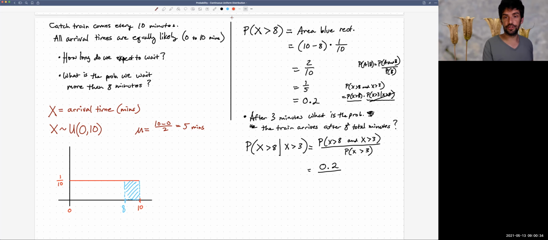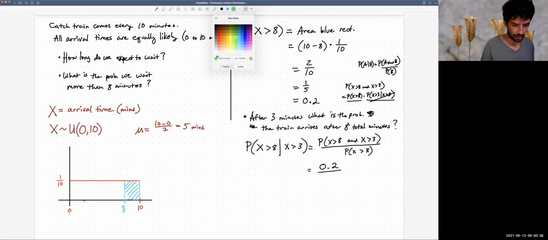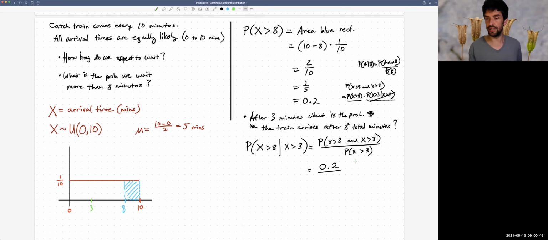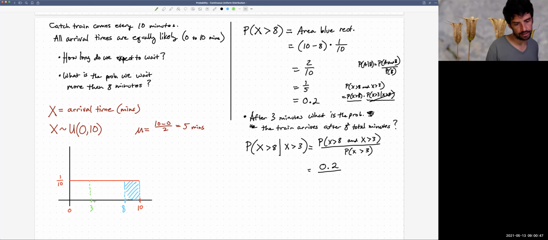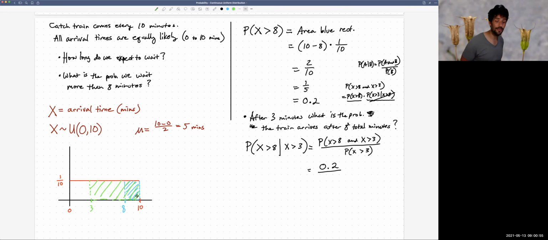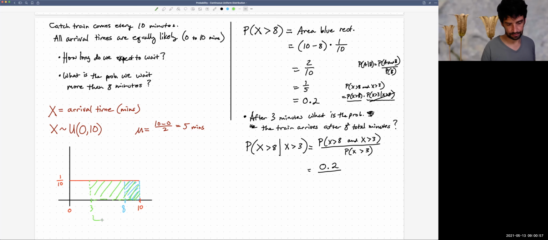Now let's go over to this graph for the other part. Let's use, how about green? So now we're looking at, so 3 will be somewhere down here. The probability that X is greater than 3, right, is this whole rectangle. Well, this is also easy to figure out.